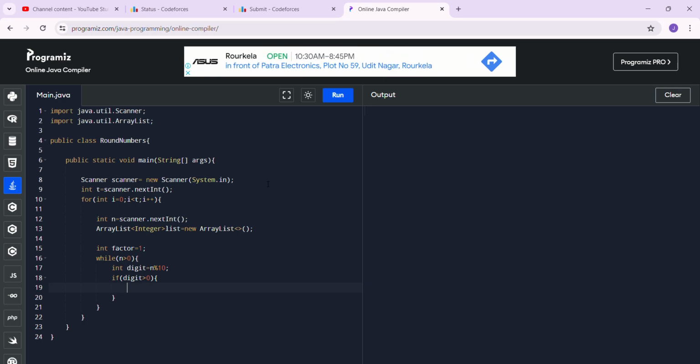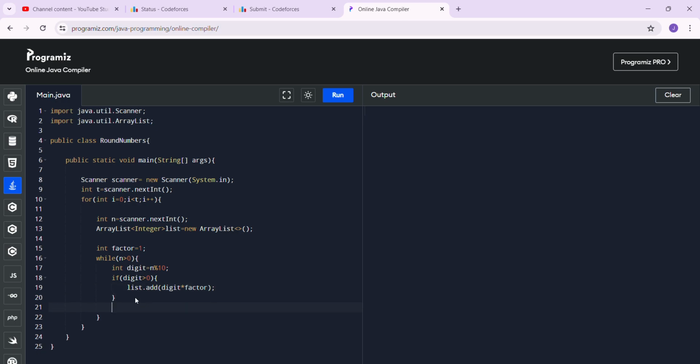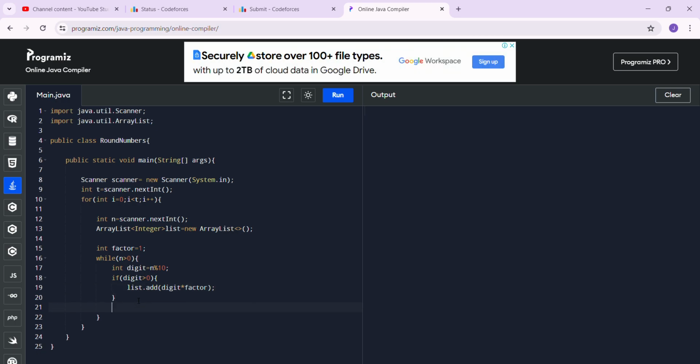We will just move on. And if digit is greater than 0, then we will add that digit into our array list by multiplying with factor, digit times factor. Cool.